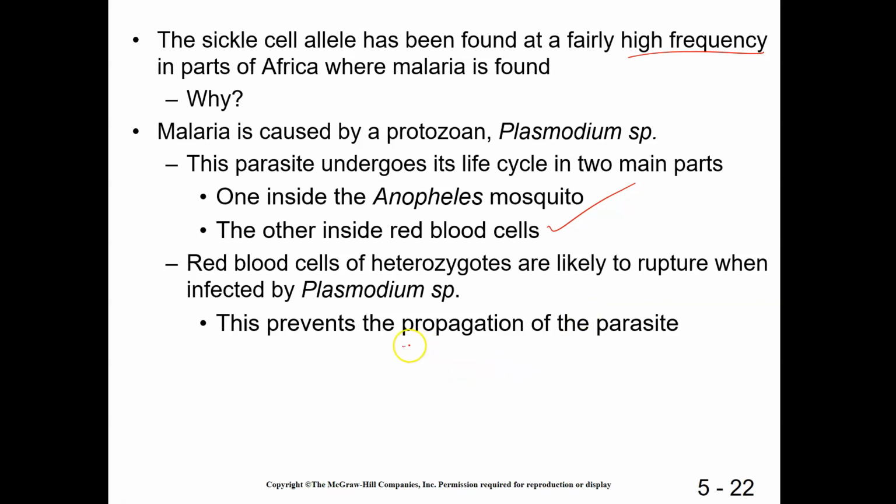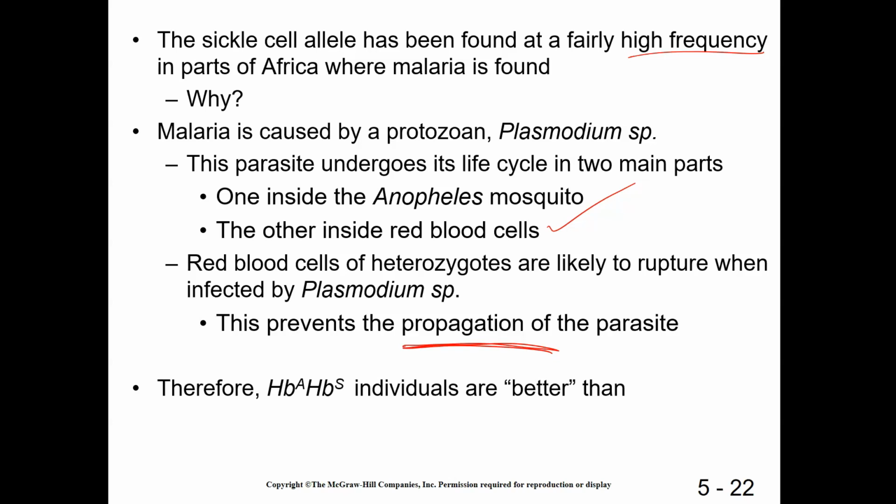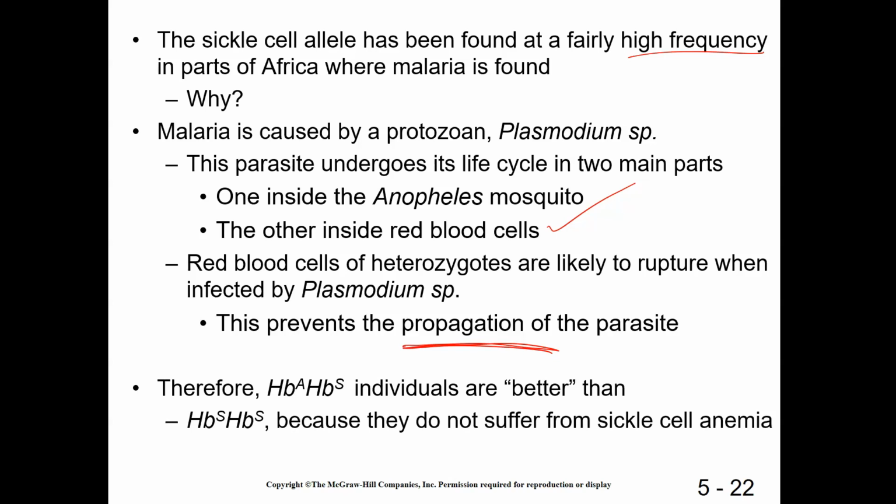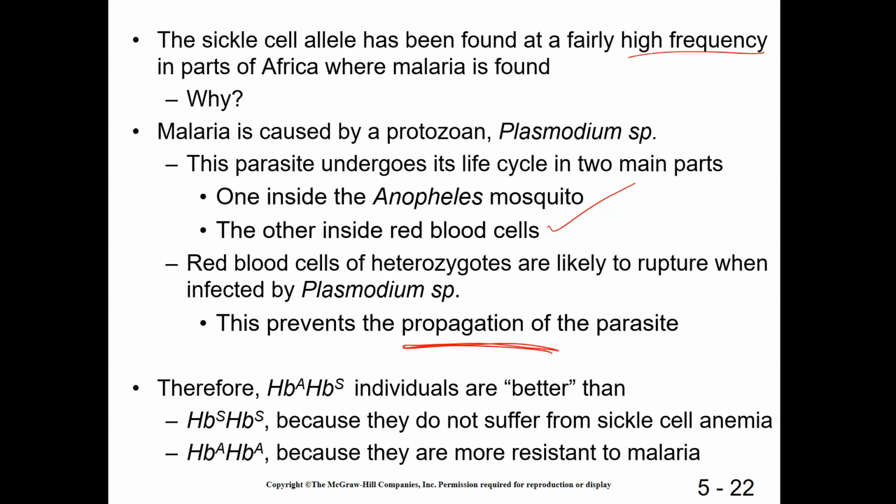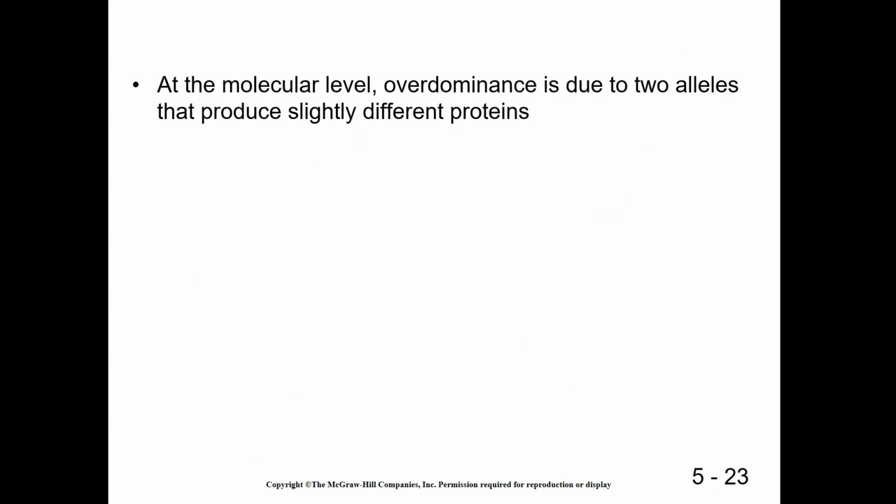And so it prevents propagation of the parasite effectively in a heterozygous individual. Pretty cool, huh? So you're better off if you're heterozygous, because while the sickle cell individual won't suffer from malaria, they will have sickle cell anemia, and the other individuals are not resistant to malaria.